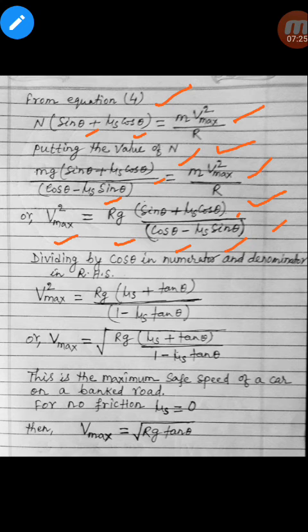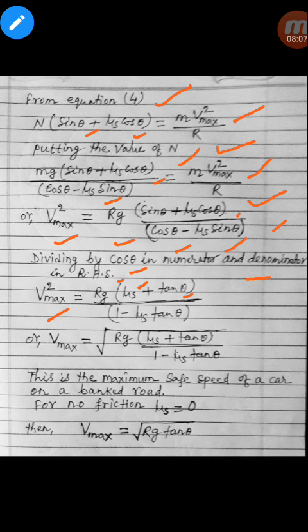Now dividing by cos theta in numerator and denominator on the right-hand side, we get v max square equal to rg. Here sin theta by cos theta is tan theta, and mu s cos theta by cos theta becomes mu s. In the denominator, 1 minus mu s sin theta by cos theta becomes 1 minus mu s tan theta.